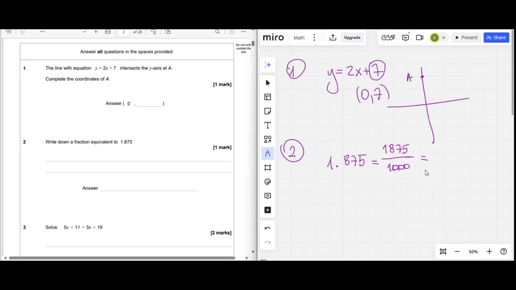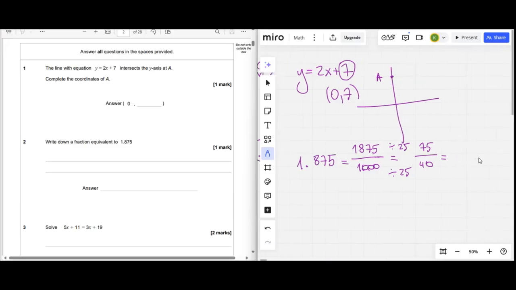No i teraz trzeba simplify, nie? Cancel down both. For example, we can divide both by 25. It's 75 at the top and 40 at the bottom.